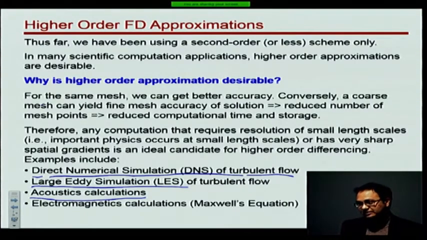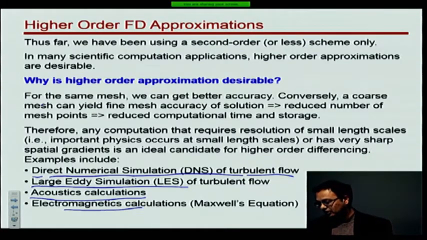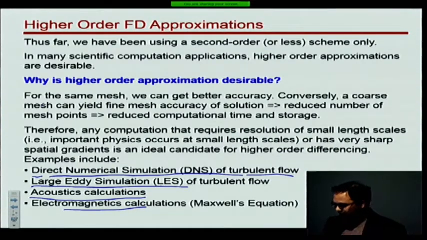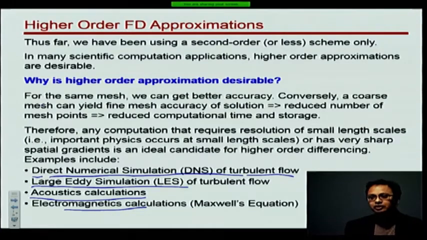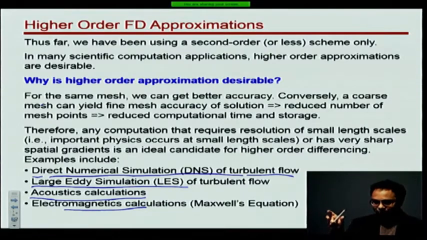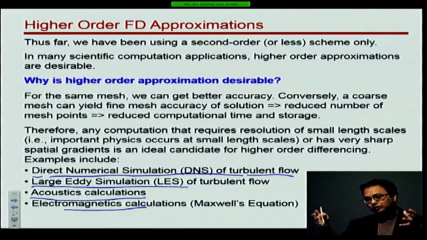Okay, Maxwell's equations, similar logic. Here you're looking at electromagnetic wave propagation instead of acoustic wave propagation. And traditionally the finite element community has been very good at this. They have what is called hp adaptation, where you either increase the number of mesh points or nodes, or you use higher order elements, approximations, so that you can combine the two depending on what kind of accuracy you need.